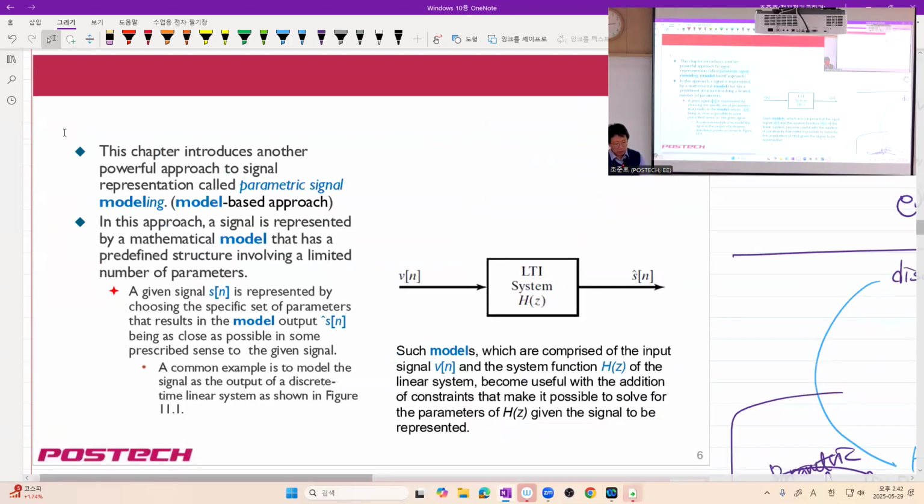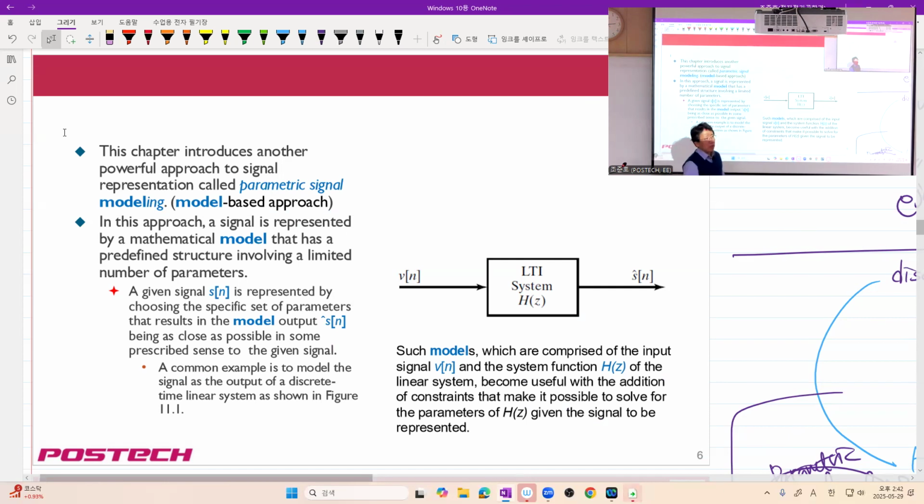See that? Before, when we studied signal representations, we wanted to rewrite x of n as a weighted sum of basis functions, right? But here, it says parametric signal modeling means that we have a model for a signal.